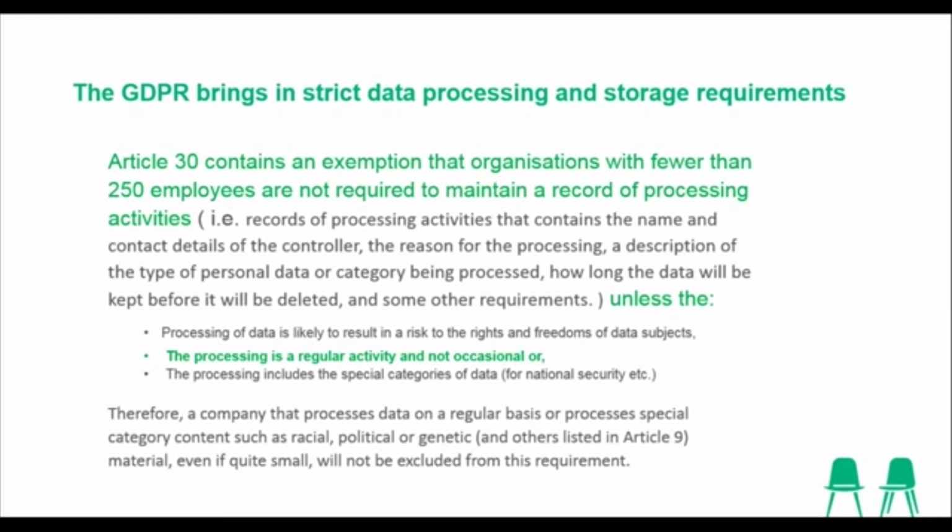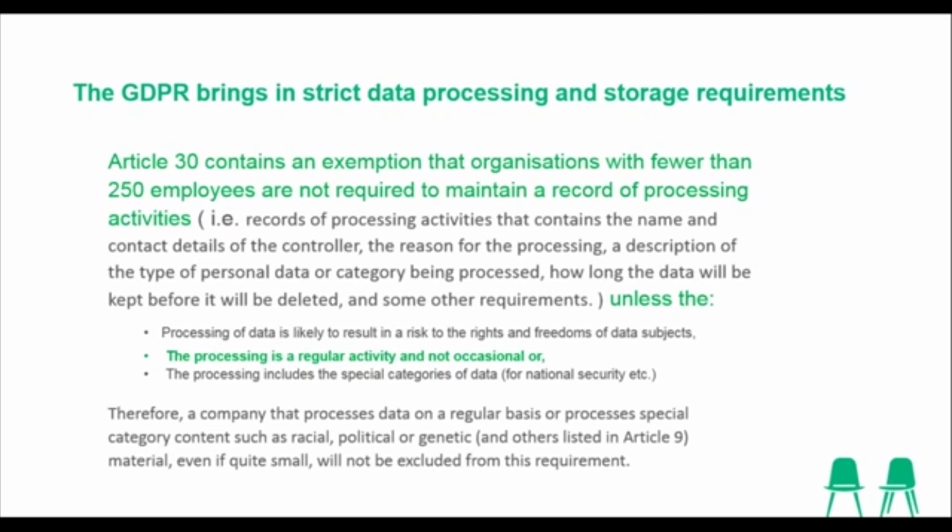Are not required to maintain a record of processing activities. That's the name, contact details of the controller, reason for processing, description of the personal data, category being processed, how long the data will be kept before it's deleted, etc., etc.